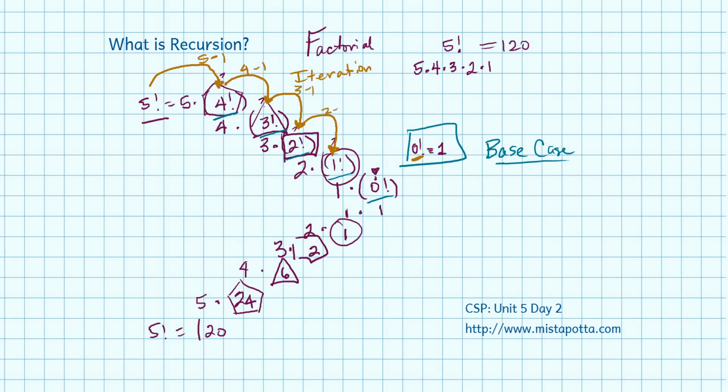This is my iteration. So, in fact, recursion uses 2 ideas here: iteration and a base case. And if I'm missing any of these, it will cause an infinite loop.